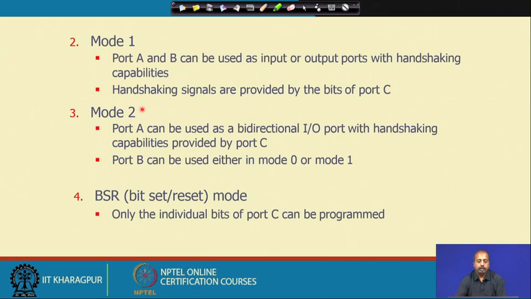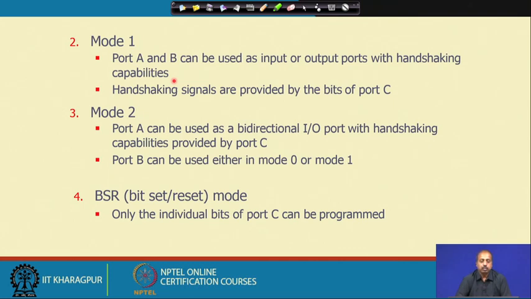Then we have mode 1. In mode 1, port A and B can be used as input or output with handshaking capabilities, and these handshake signals are provided by bits of port C. Handshaking means you put the data onto the data bus from a master device to a slave device, then the strobe signal is given, the receiver receives that value and puts out an acknowledgement, and so on.